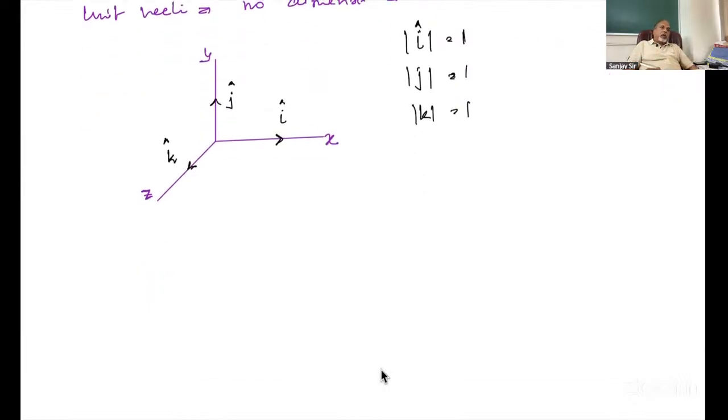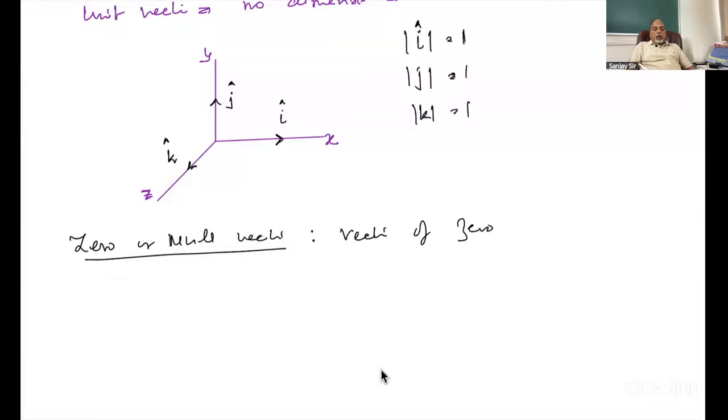But what about 0? 0 or null vector. This is the vector of 0 magnitude.